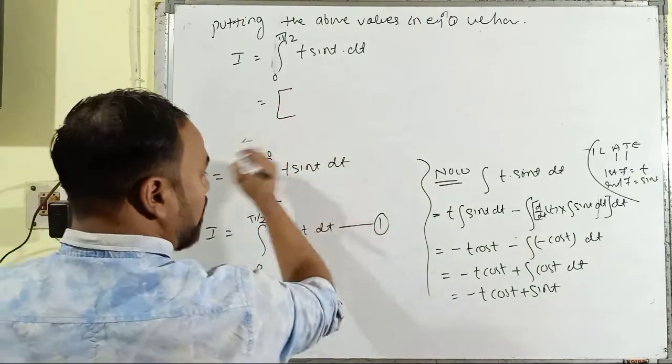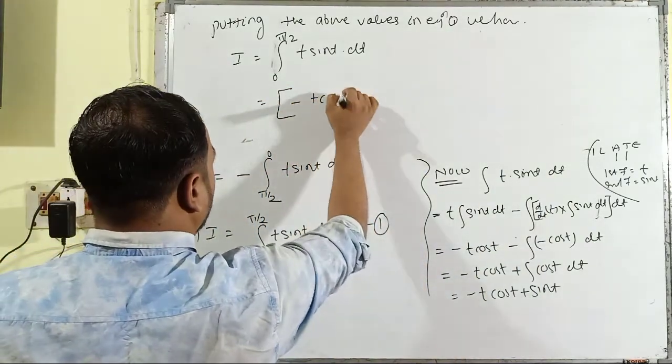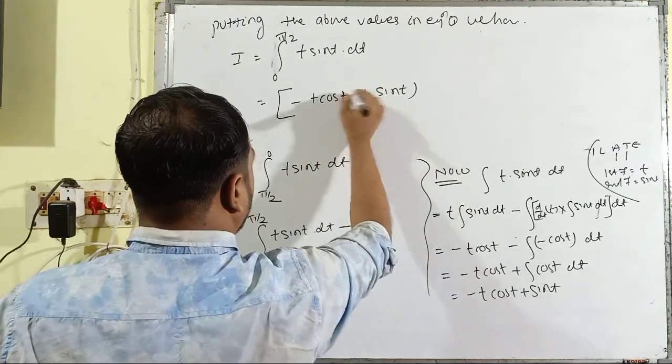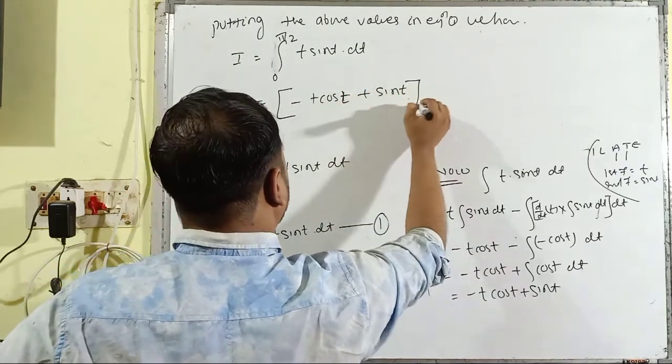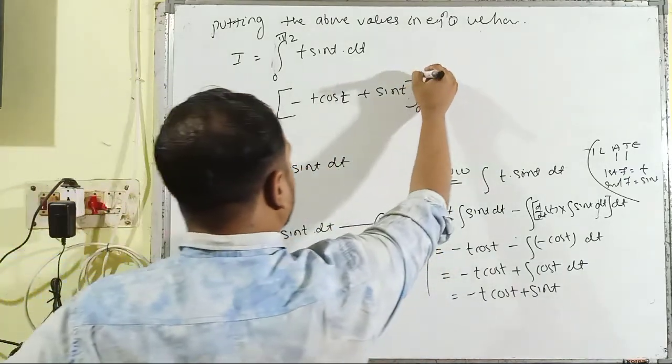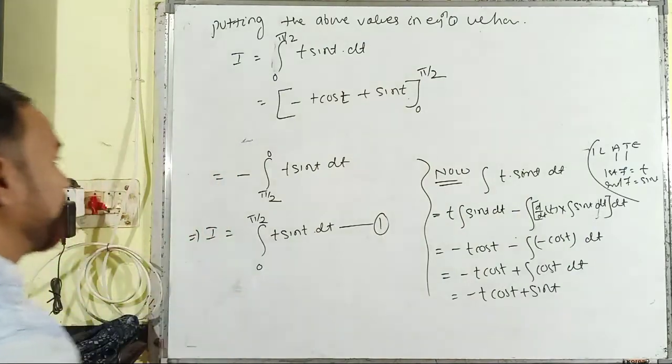Then it is minus t cos t plus sin t from 0 to pi by 2.